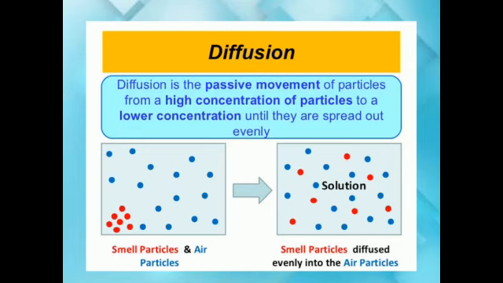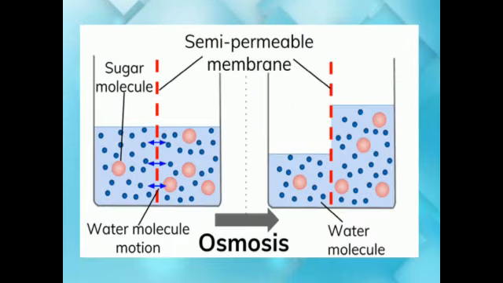A few substances freely diffuse across plasma membrane. For example, the respiratory gases like oxygen and carbon dioxide diffuse in and out of the cell. Next, osmosis.